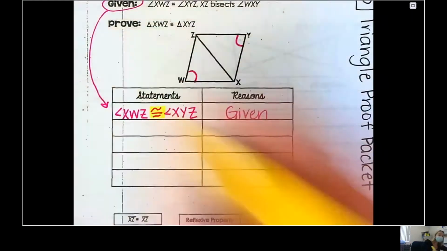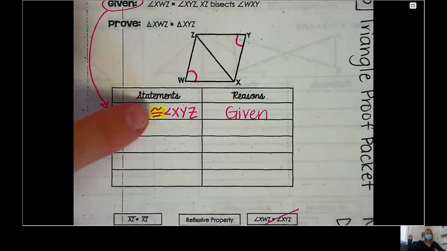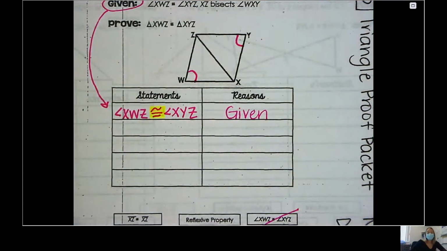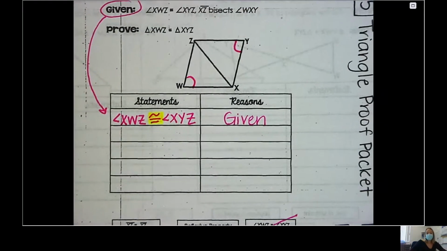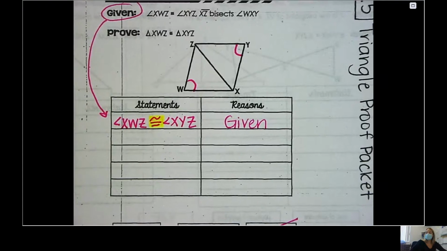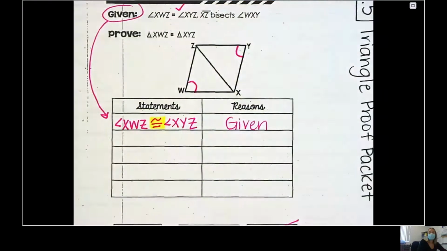How many congruent symbols do I need before I can go on to the proof? I need 3. I have my first one there. There's my first statement. What's my next statement going to be? I did the first given. Did I do the second given?